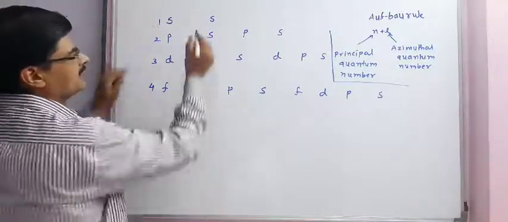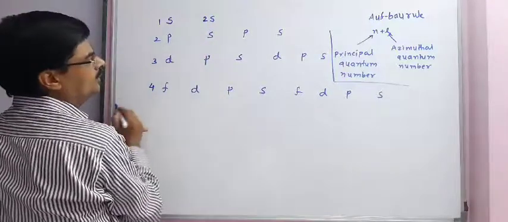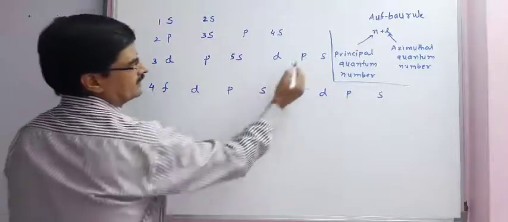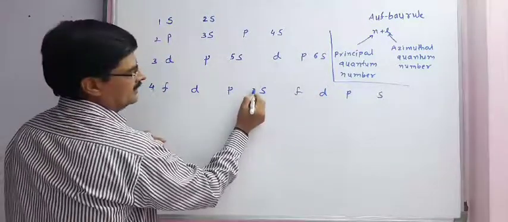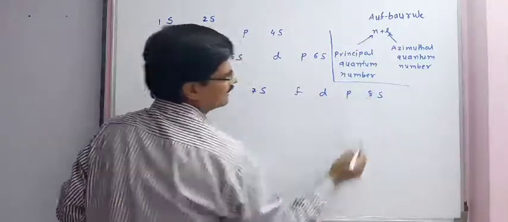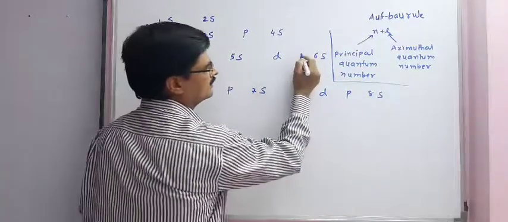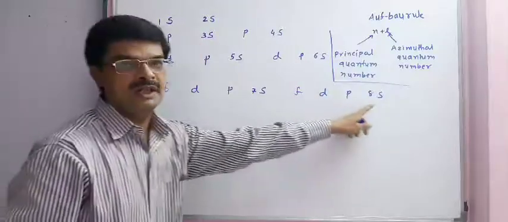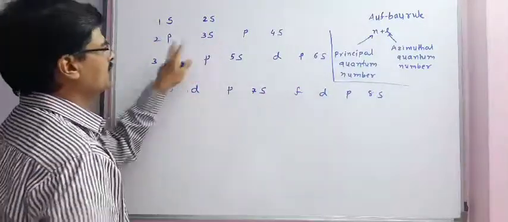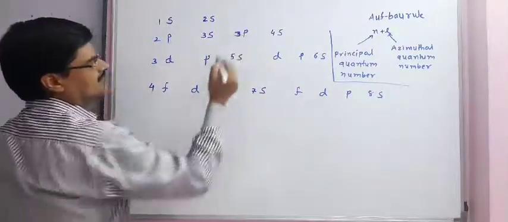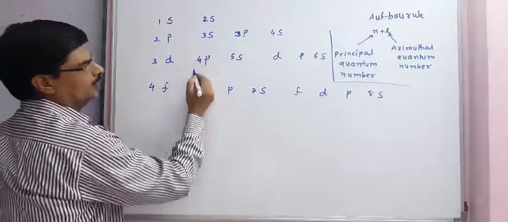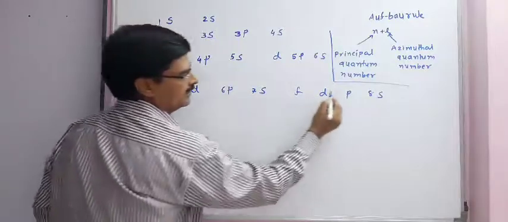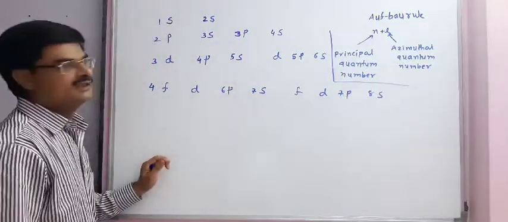Now writing 1s. For s we get 2s, 3s, 4s, 5s, 6s, 7s and 8s. So first we have written all the s subcells, 1s to 8s. Now for p, 2p, 3p, 4p, 5p, 6p and 7p.